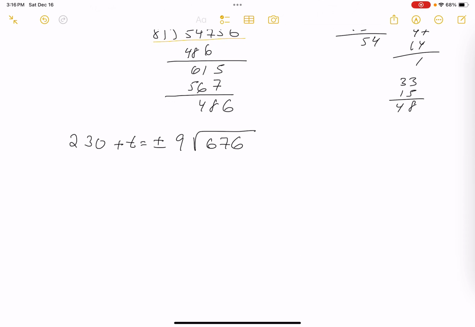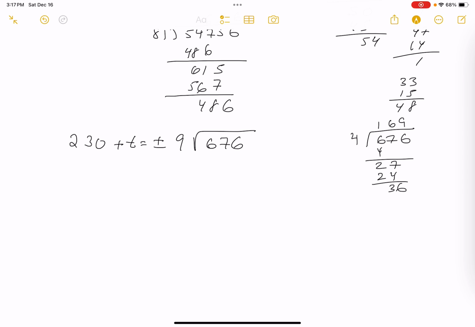Right, I get a much simpler number. I'm looking at that and let's think about that. I'm going to say 4 is definitely in there. Let me put the 4 down for you. 676 divided by 4 is 169.